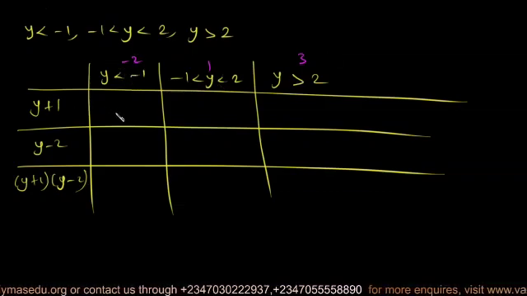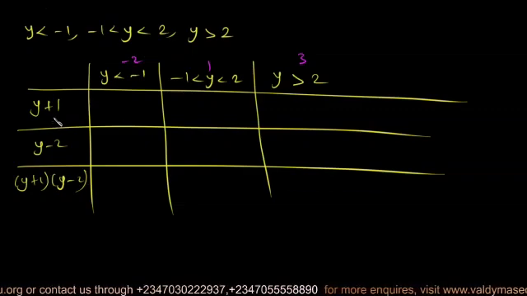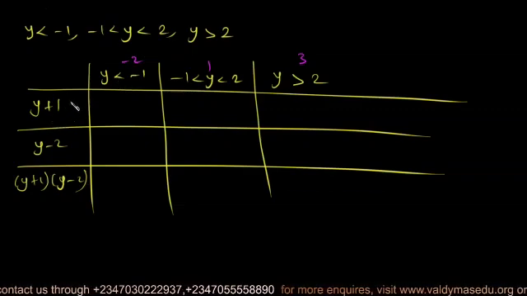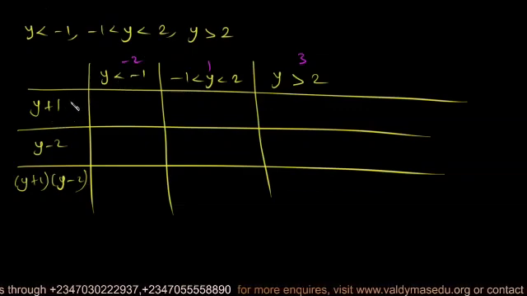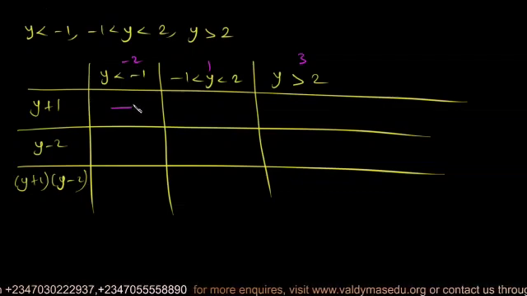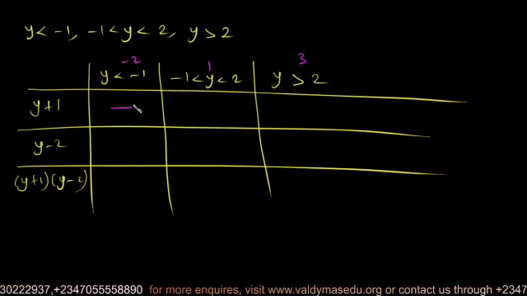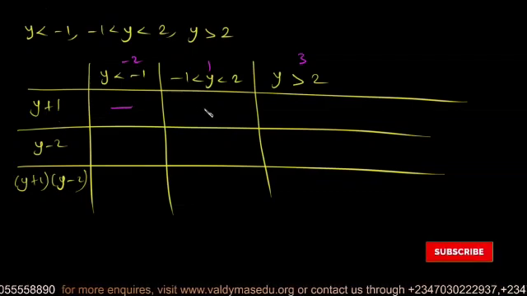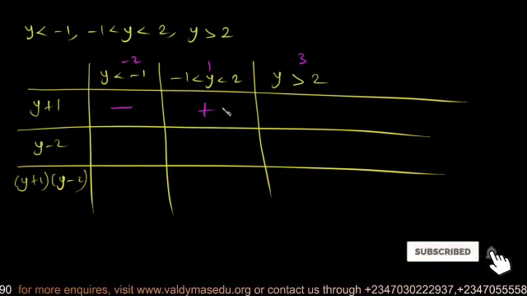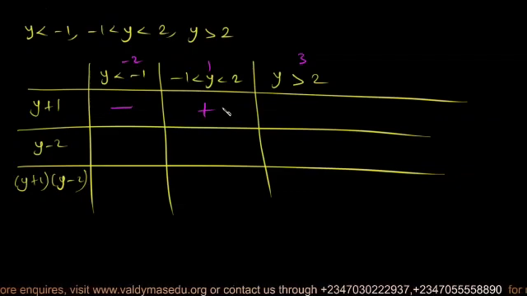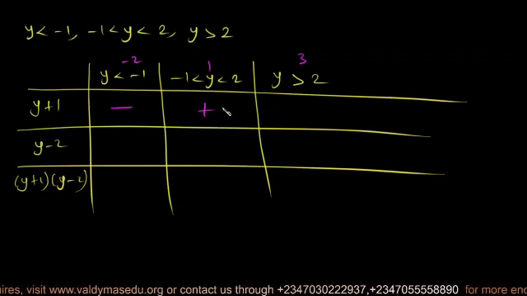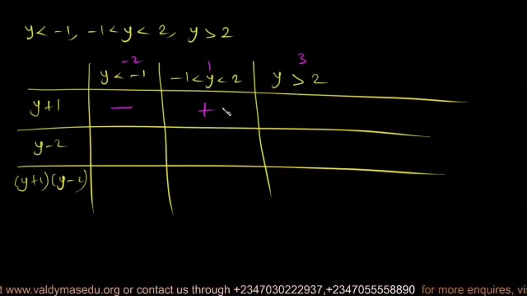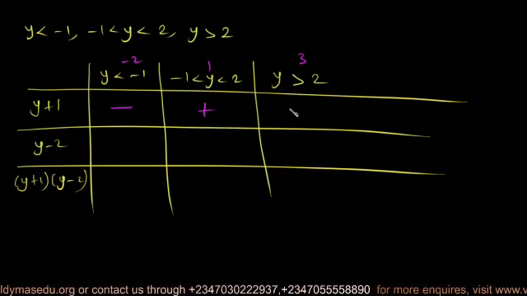So for the first row, we have y plus 1. When y is minus 2, we have a negative answer. Then y plus 1 when y is 1, we have a positive answer. Y plus 1 when y equals 3, we have a positive number.